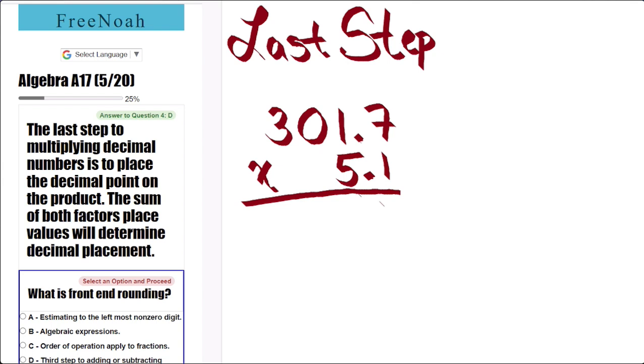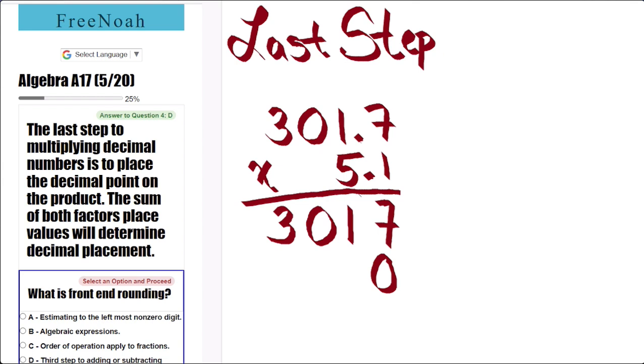So we have 7 times 1, that gives us 7. 1 times 1 gives us 1. 0 times 1 gives us 0. And 3 times 1 gives us 3. We're not going to place any decimal values at this moment. Place a 0 here, and let's continue on with the second row.